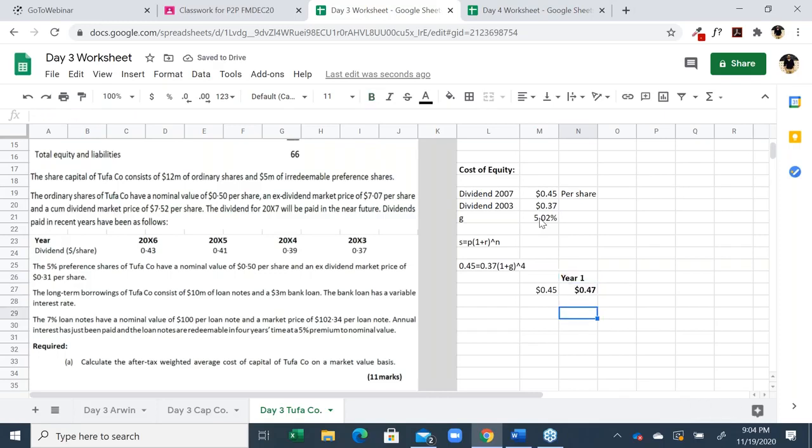Remember, the dividend growth model always takes this dividend into account.